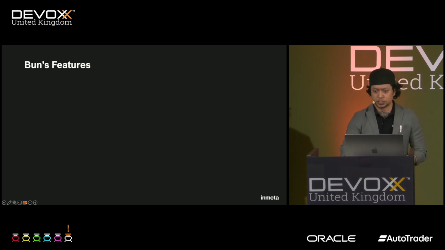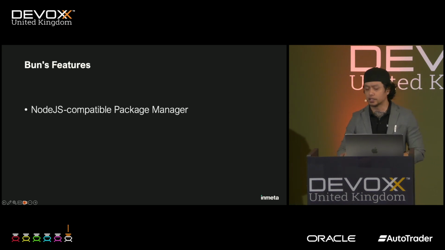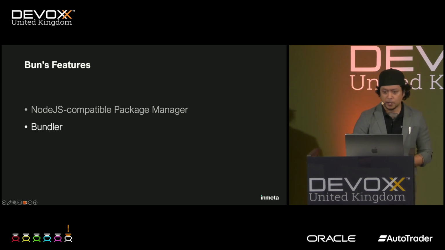So, features. Now let's dive into its powerful features. Bun is more than just a JavaScript runtime. It's a comprehensive development toolkit that includes a package manager, bundler, test runner, and runtime. You can quickly install and update packages because it's fast, and I will do a benchmark later so you can see it. A bundler bundles your code and dependencies into a single file.